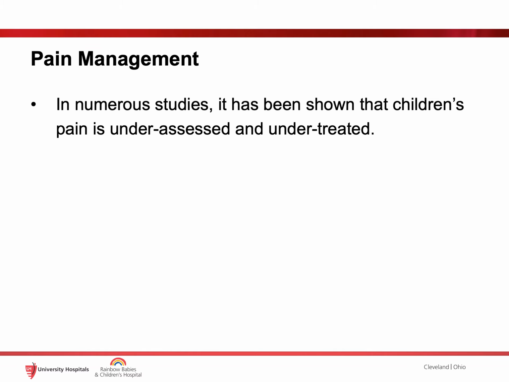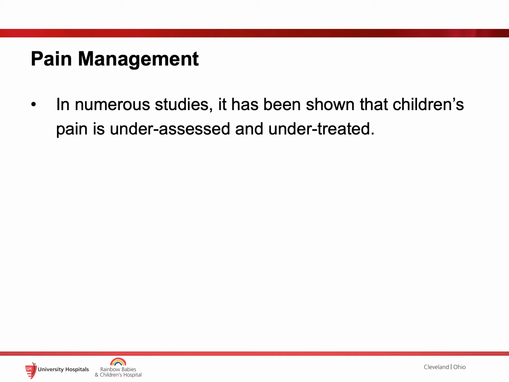There have been numerous studies, and most of these have been done in emergency rooms. It started in the adult emergency room, where they looked at how they did with managing and treating pain and found out that they did a really poor job with it. And then the pediatric emergency rooms decided that they wanted to look into how they treated pain and found out that we did an even worse job than the adults, who were already doing a bad job. So we do a poor job of assessing pediatric patients and treating them.